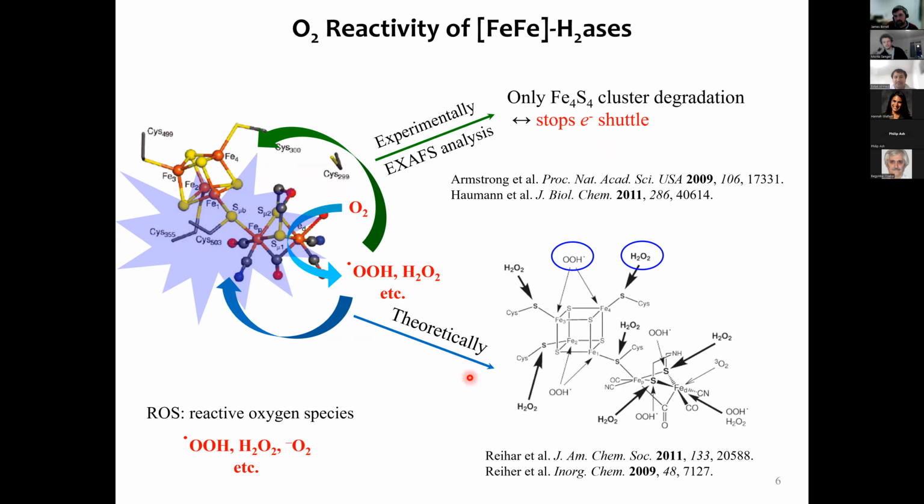Later, a theoretical investigation suggested that the reactive oxygen species generated may oxidize the Fe2S2 subsite, the Fe4S4 cluster, or any of the sulfur atoms present in the H cluster.